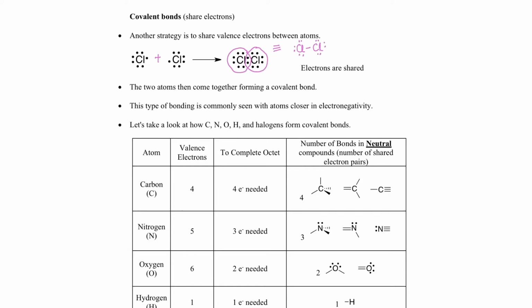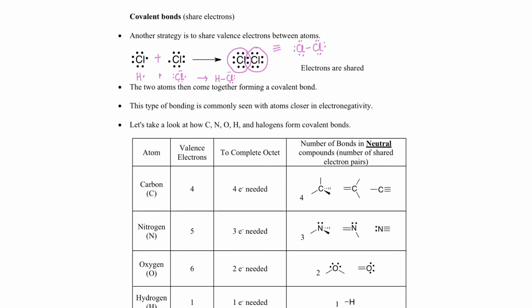Let's say we have hydrogen as well as chlorine. And that can give you HCl. So you can represent the pair of electrons that's being shared between the two atoms as a covalent bond.